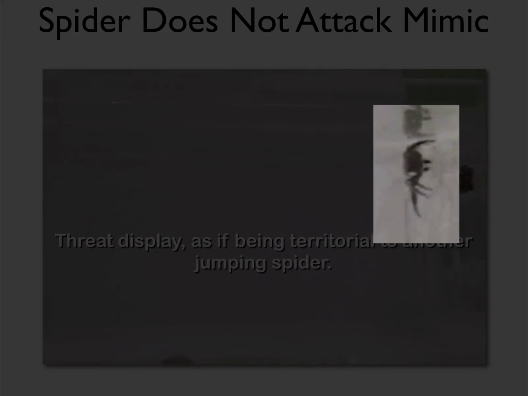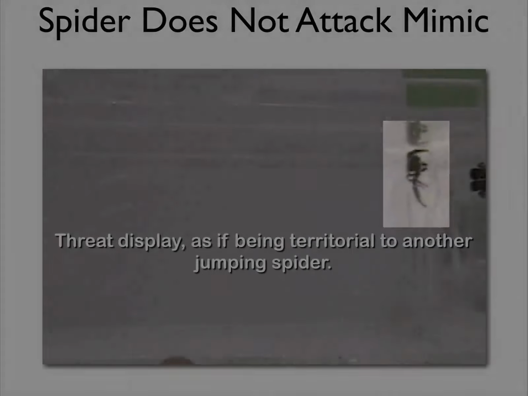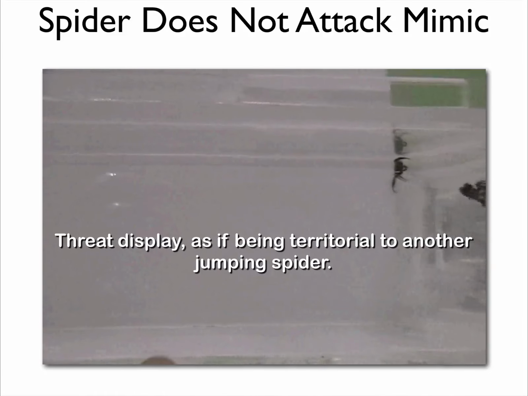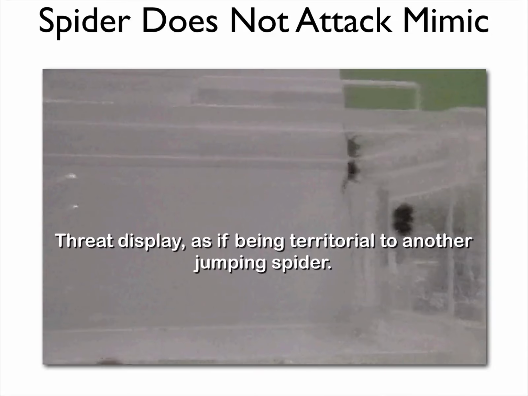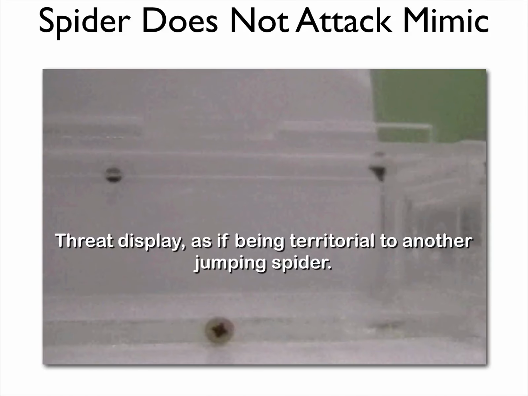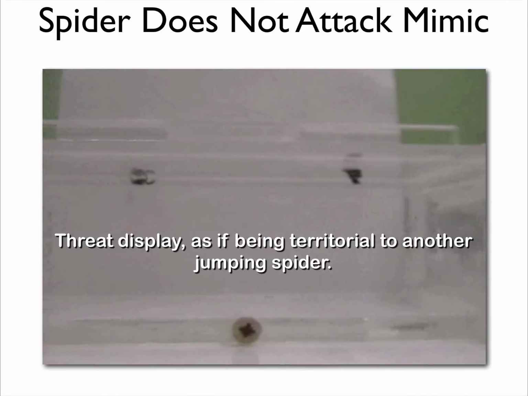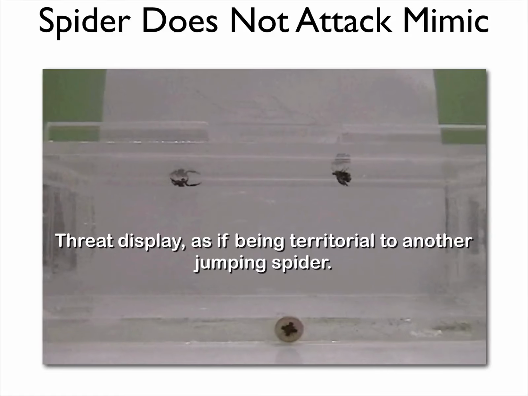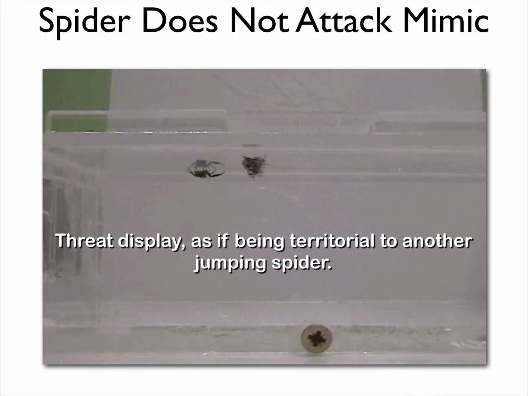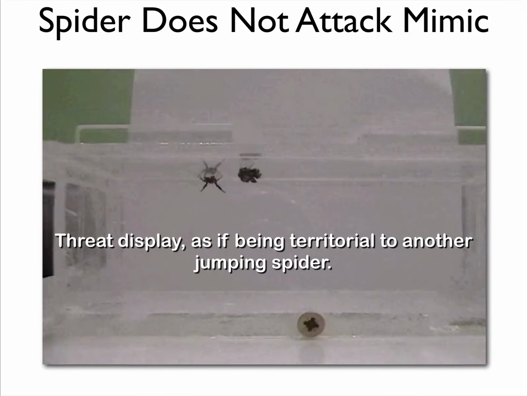What we're seeing in the spider with the raising of those limbs is actually a threat display. It's the kind of thing that a jumping spider would do if another jumping spider were to suddenly appear in its environment. So it really is not just avoiding the metalmark moth. It's actually treating it as if it's another jumping spider, which is kind of interesting.